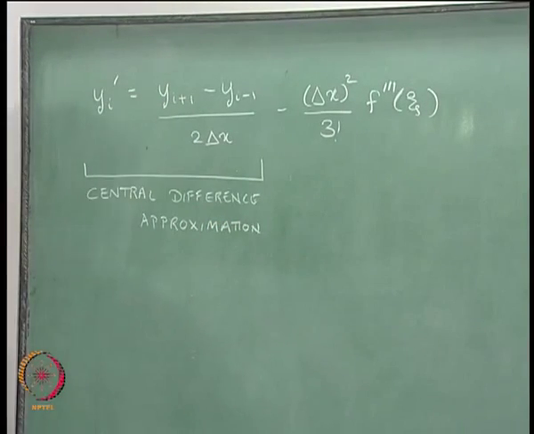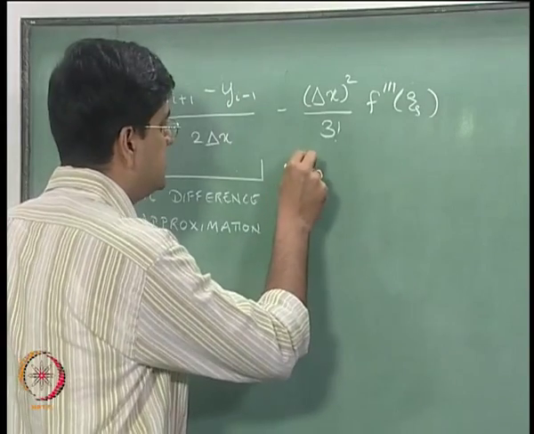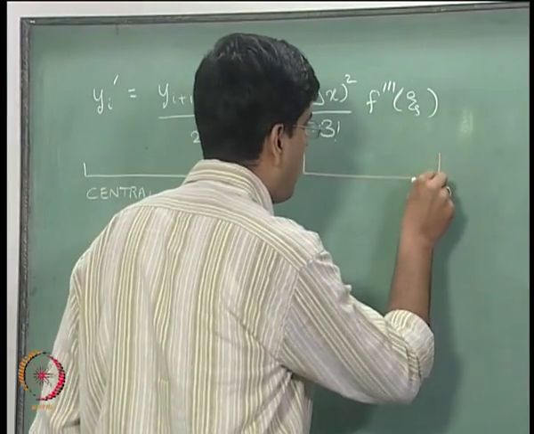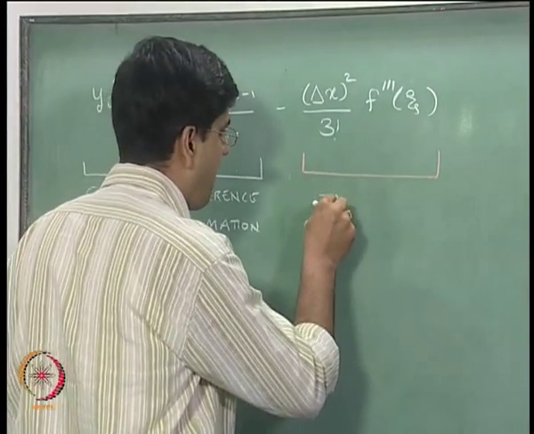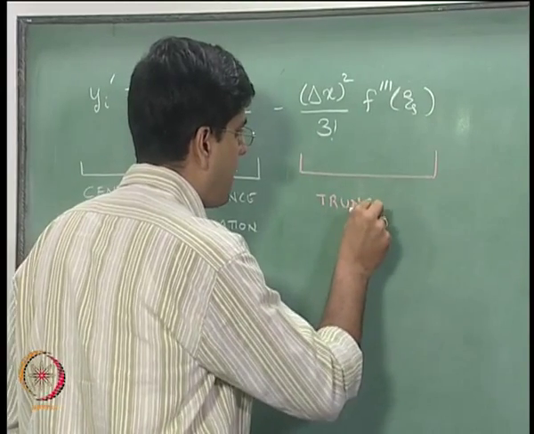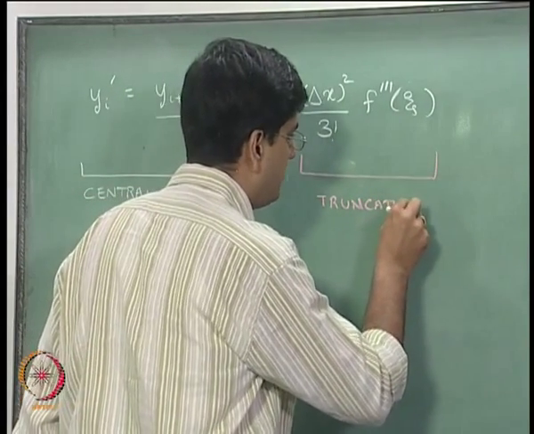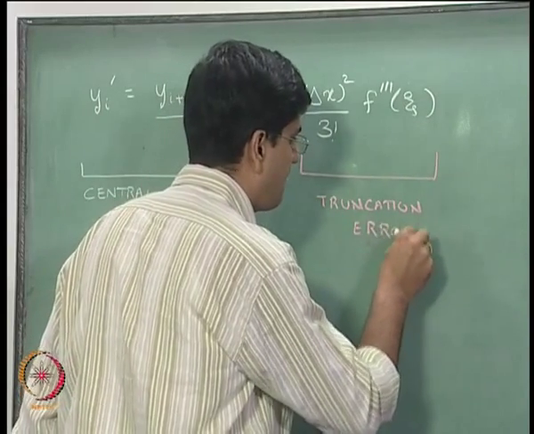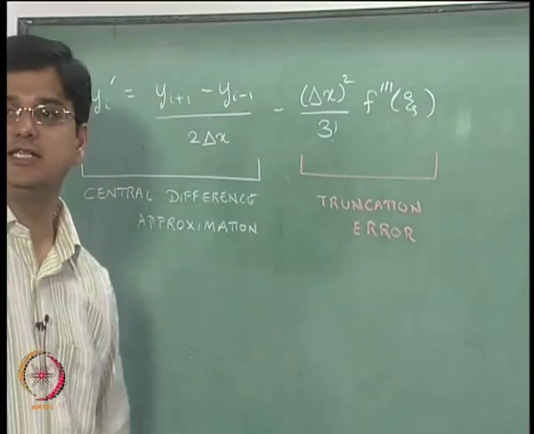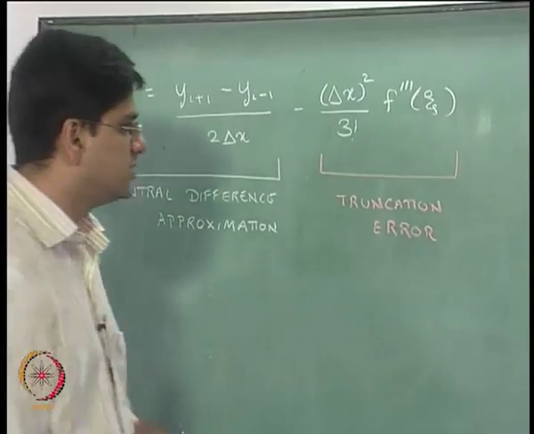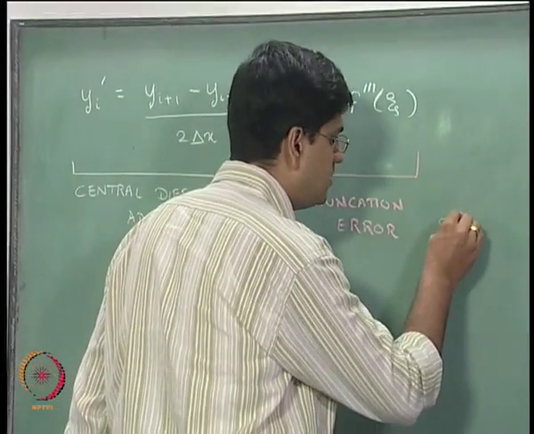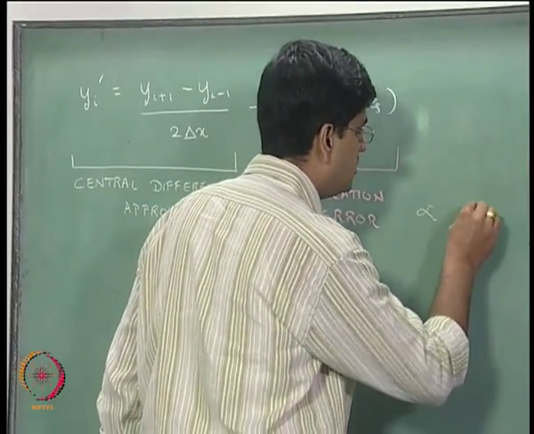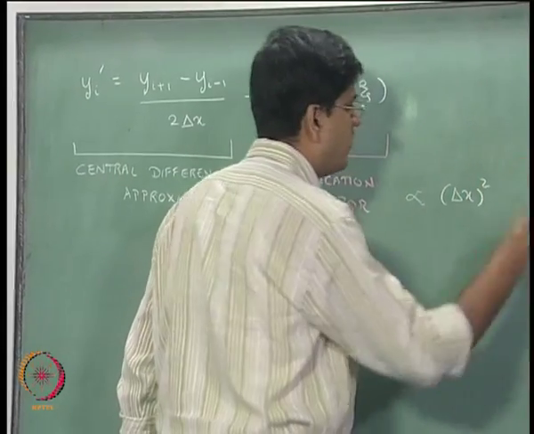Okay, and this represents the truncation error. Okay, and in the central difference approximation the truncation error is proportional to delta x squared.